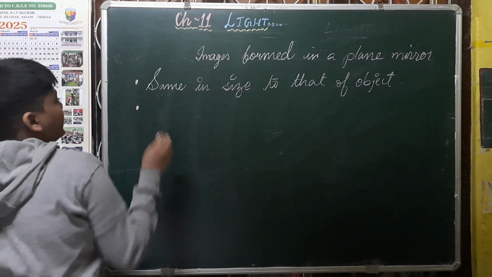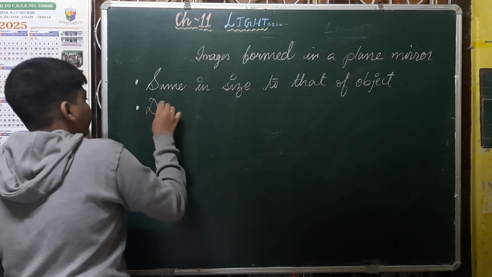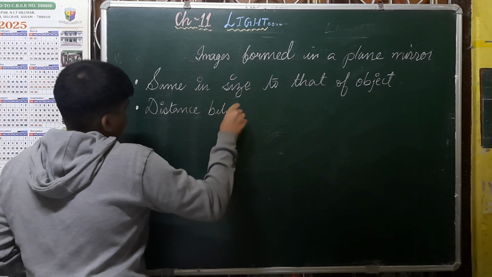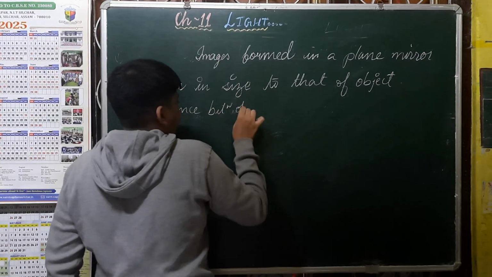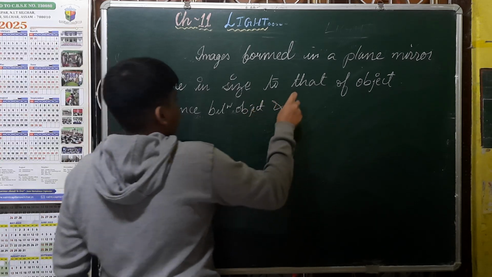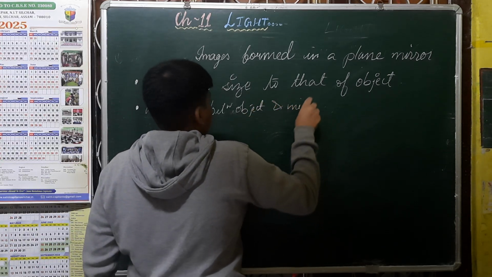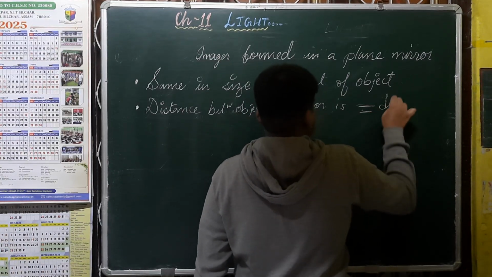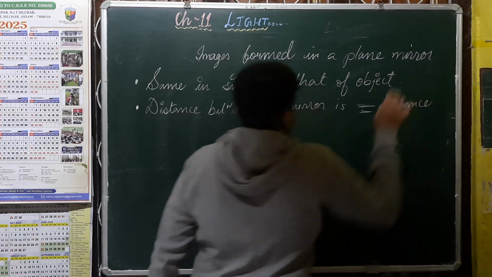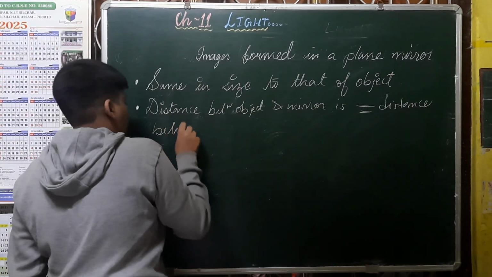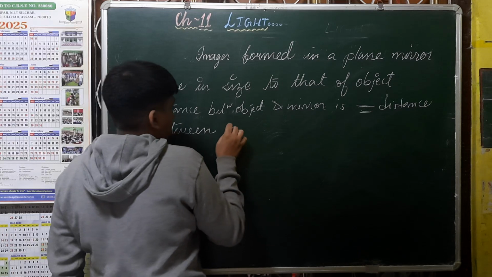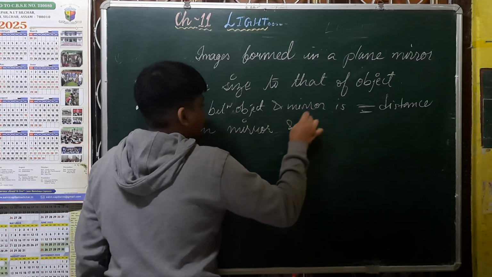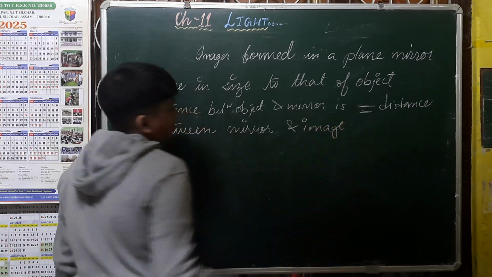The second property of the image is that the distance between the object and the mirror is equal to the distance between the mirror and the image.